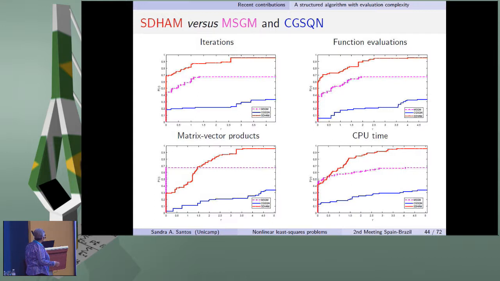Here we see that we are much more robust than the competitors and more efficient for these two measures. But for matrix vector products, we are not as efficient as this algorithm here. The reason for that is that we have a structured way of computing our iterates. For CPU time, there is a kind of tie.